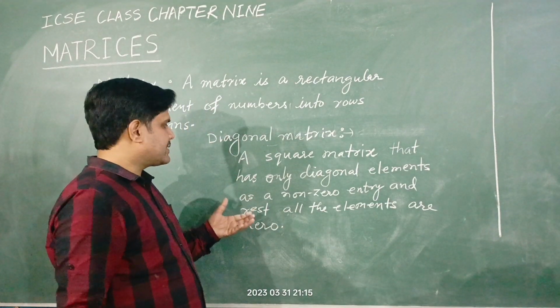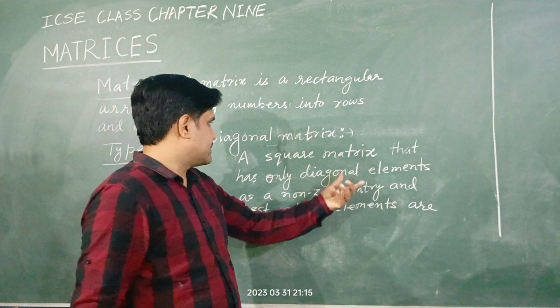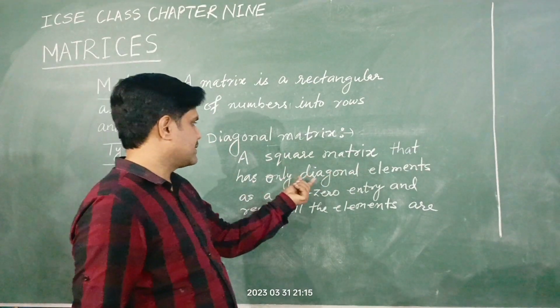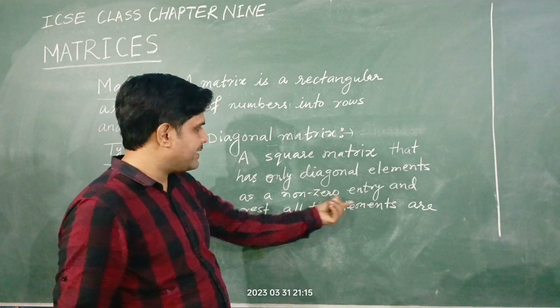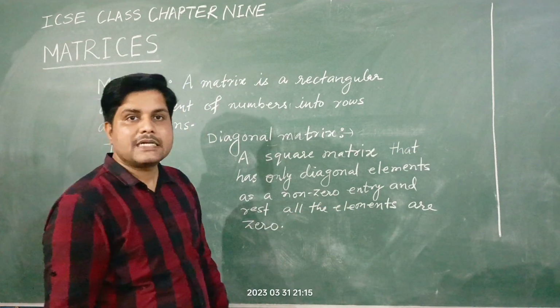So a square matrix that has only the diagonal elements as non-zero entries and the rest all 0 is said to be a diagonal matrix.